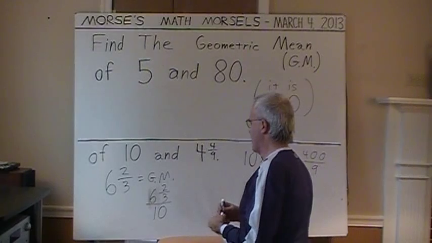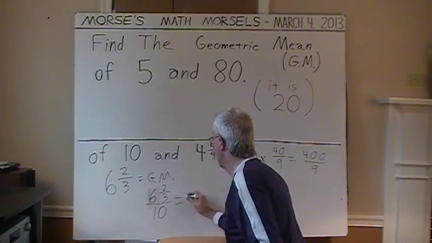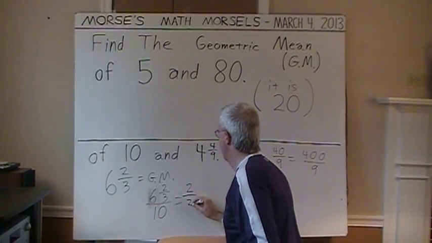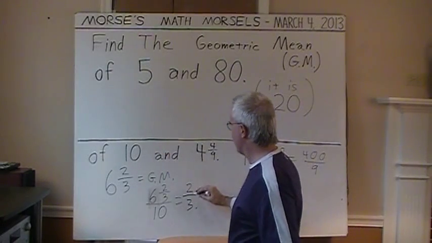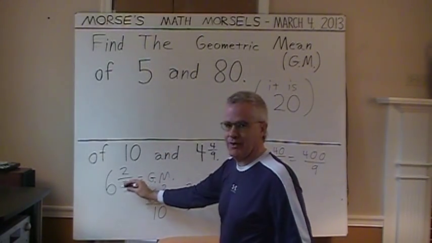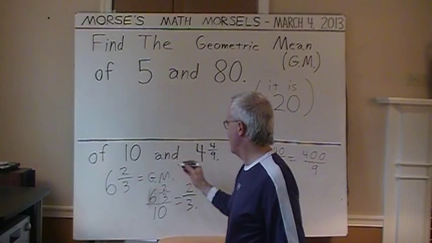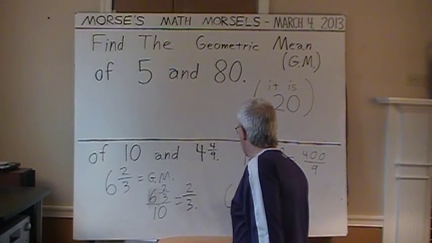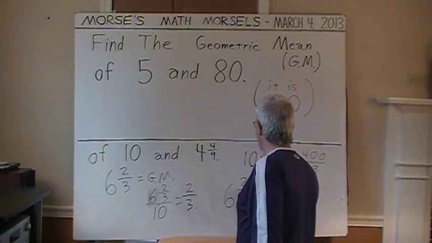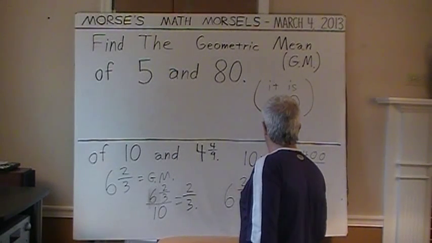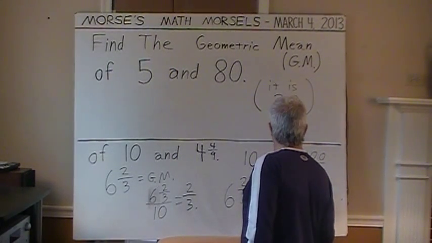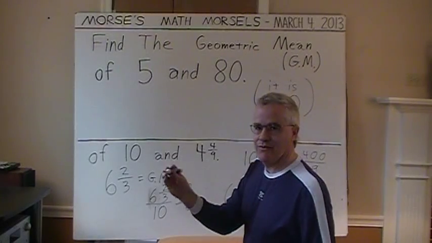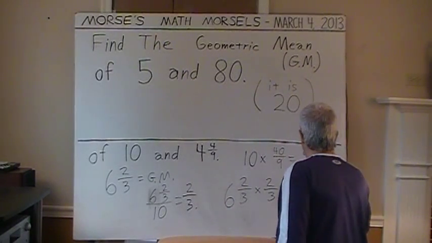I'm going to leave that fraction and say this is 2/3. Hence, 10 times 2/3 will give that 6 2/3 geometric mean. So therefore, 6 2/3 times the 2/3 should equal 4 4/9.